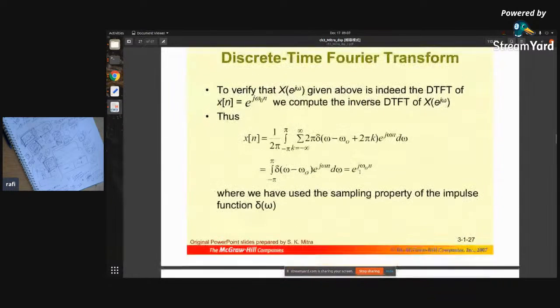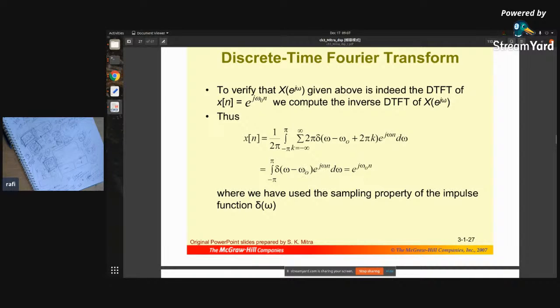So if you take it from minus pi to pi and substitute the DTFT equation, it is easy to show that from minus pi to pi you have only one impulse, delta of omega minus omega naught, into e power j omega n d omega.